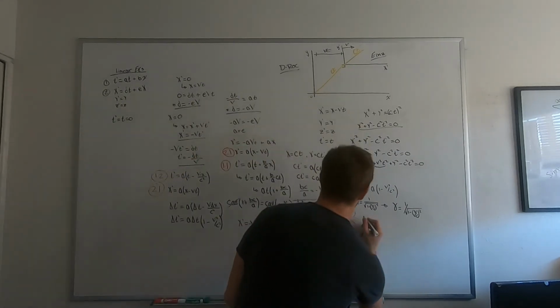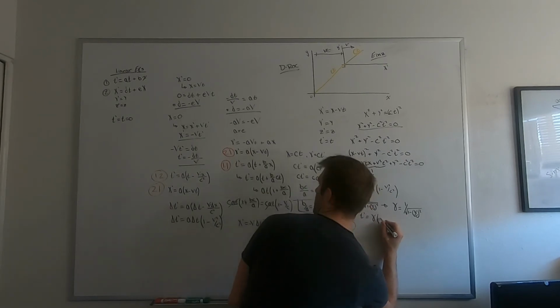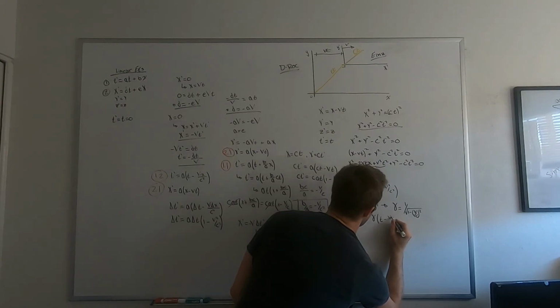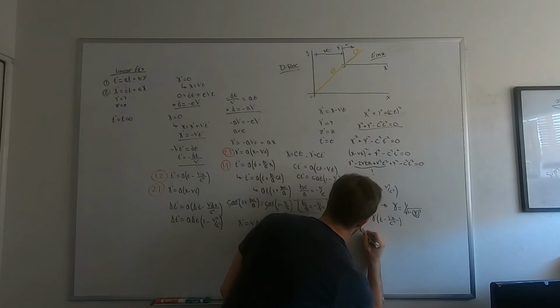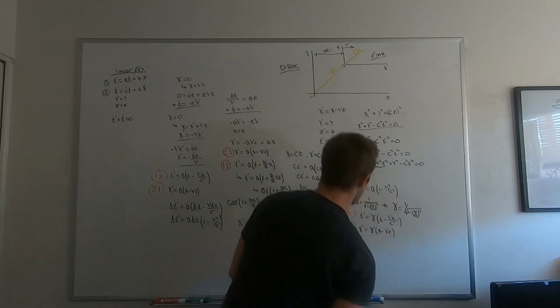t prime is equal to gamma times t minus v times x over c squared, and then x prime is equal to gamma times x minus vt. And there we go.